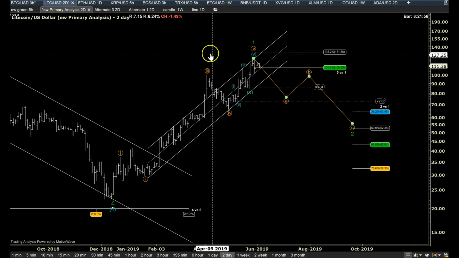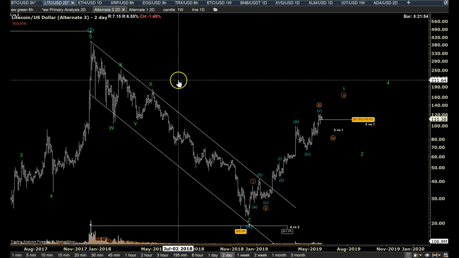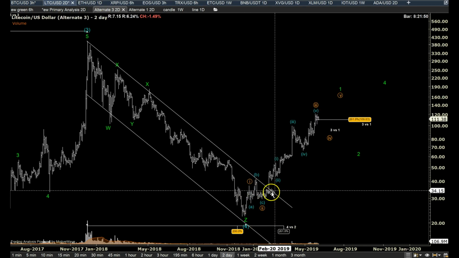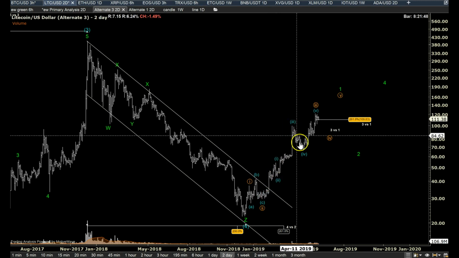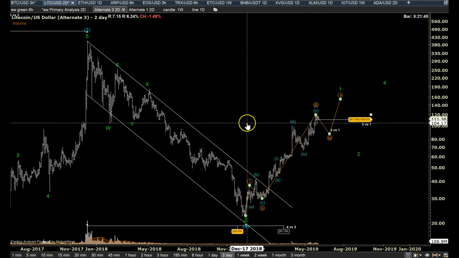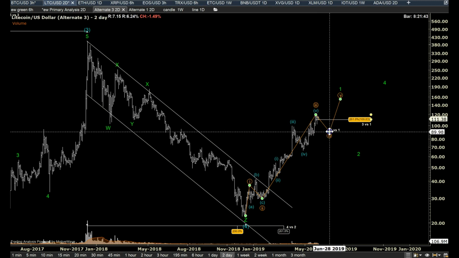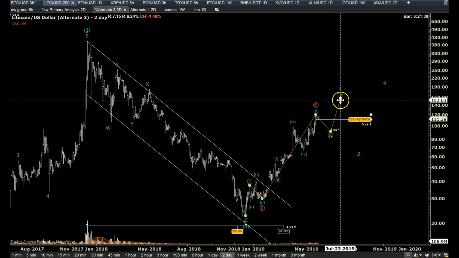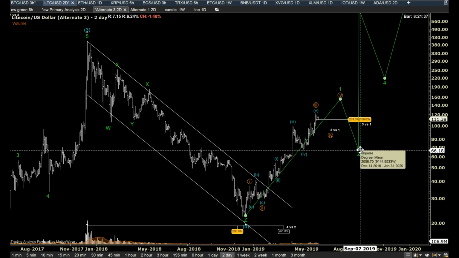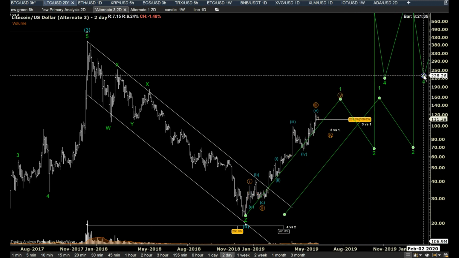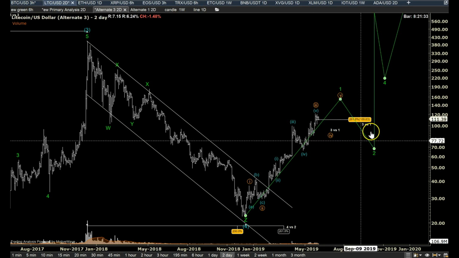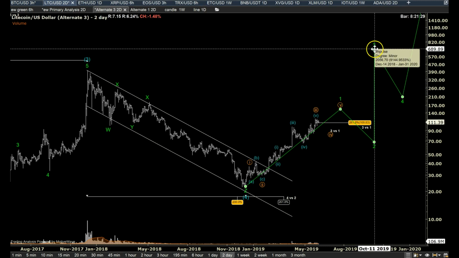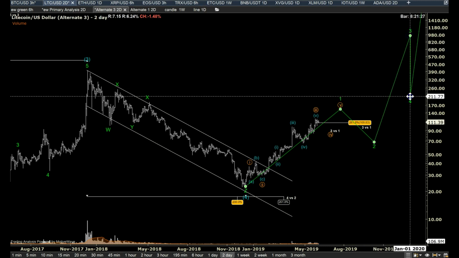If we keep going higher, then let's look at this and say, okay, this is 1, 2, and this is a subdivision which goes 1, 2, 3, 4, 5 to complete this wave 3. We're pulling back into some kind of a wave 4 in here that will match this 2 here, and then we're going up higher in wave 1, and then you get your correction. I don't even care about how far this wave 3 will go.